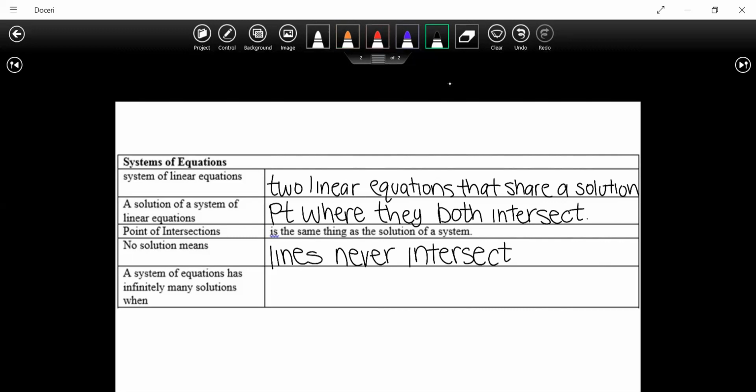And our last one that we're going to talk about as well, a system can actually have infinitely many solutions when the lines are identical.